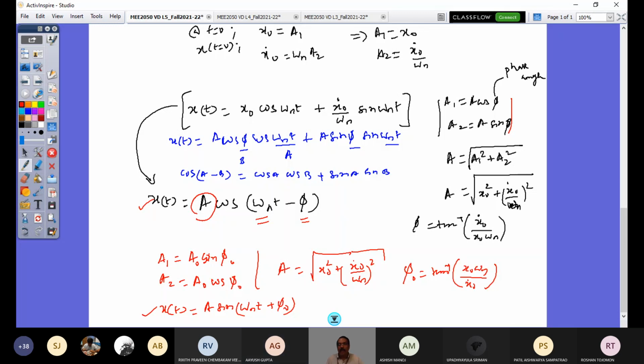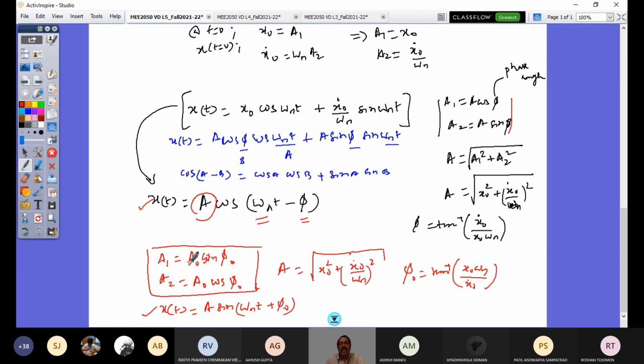Excuse me, sir, can you explain how this phi naught came? Oh, this phi naught, it's just an assumption. This is a set of definitions or values of A1, A2. A naught sin phi naught, I just put. Does this not refer to the initial state or something? No, it is only with respect to variables; they're all constants here.